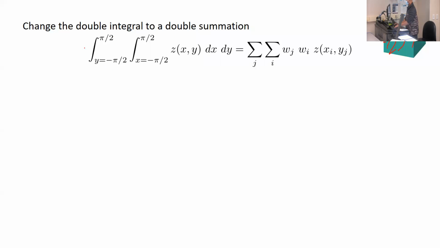This is the same integral that was on the previous page, and when we change it into a summation, it becomes a summation in the y direction, in the x direction, the height times weight i, weight j. So for the simplest case, these weights would be delta y and delta x.